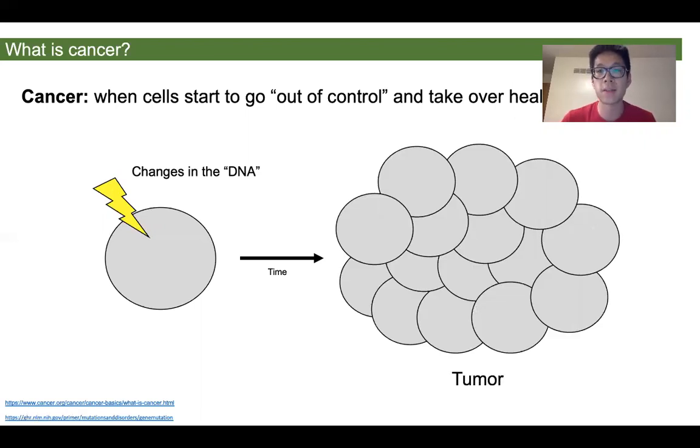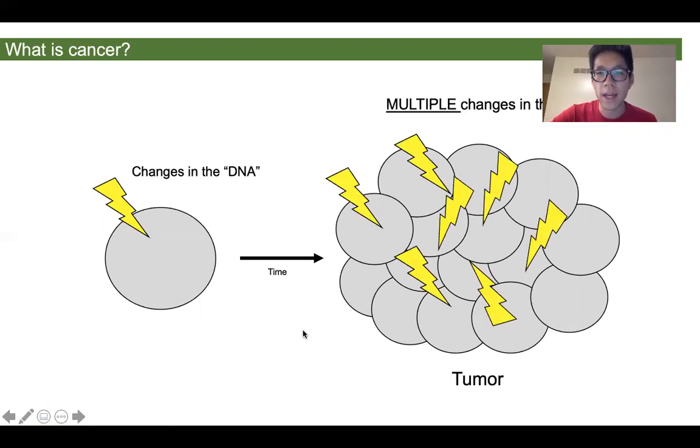These cancer cells go out of control, take over the healthy cells, and form a tumor. But I'll add a bit more context: what actually happens in cancer is that there are multiple changes in the DNA. You see these lightning bolts here, showing there are multiple changes occurring in this tumor.